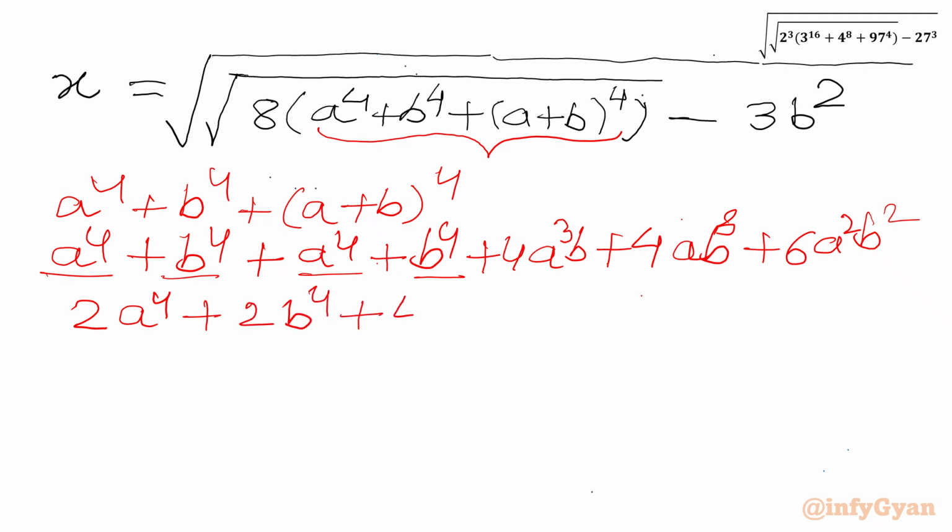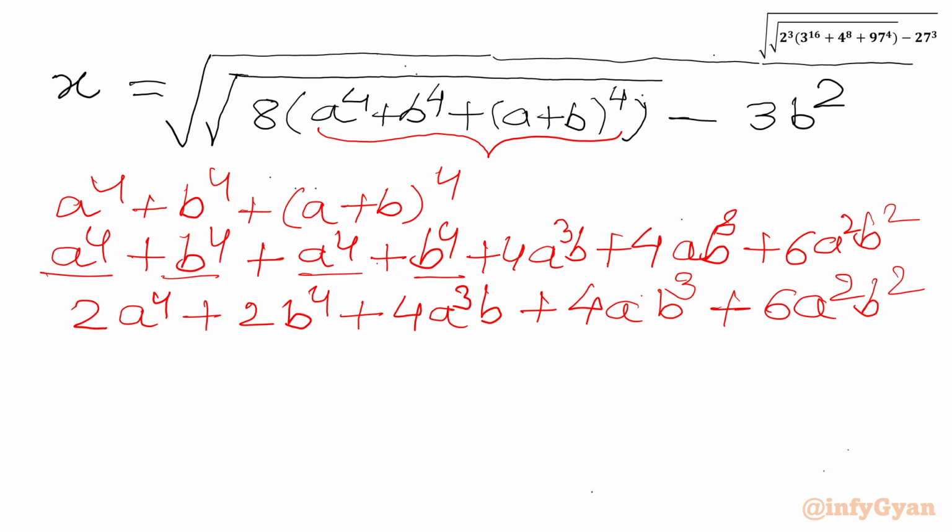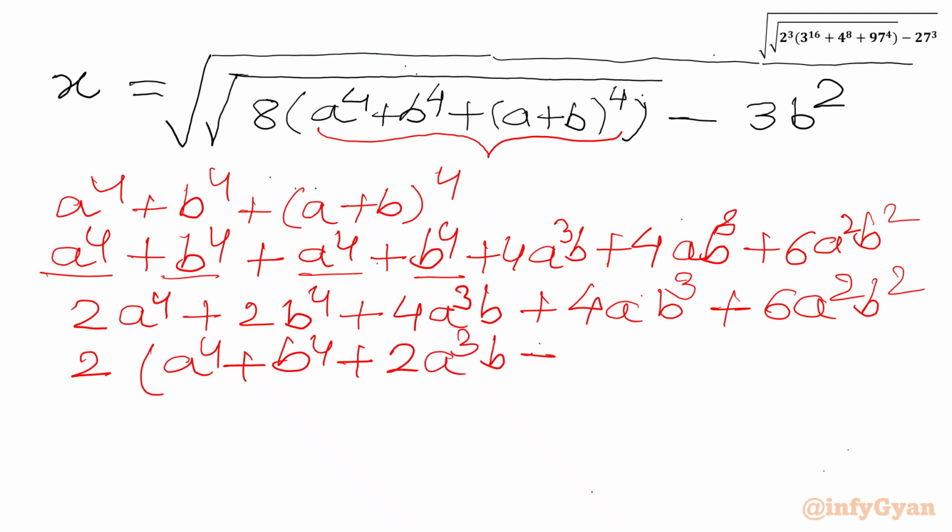Then we have 4a cube b. Then we have 4ab cube. Then it is 6a square b square. Now I can see 2 is common. So 2 is common in the bracket. We will write a power 4 plus b power 4 plus 2a cube b plus 2ab cube plus 3a square b square.